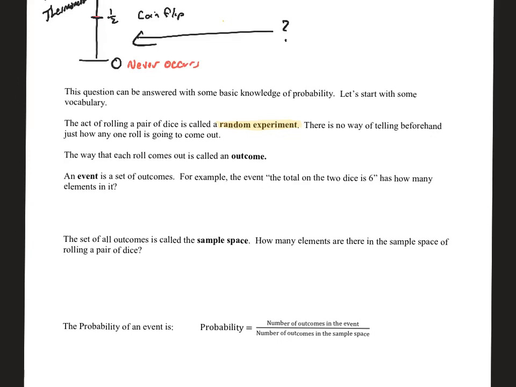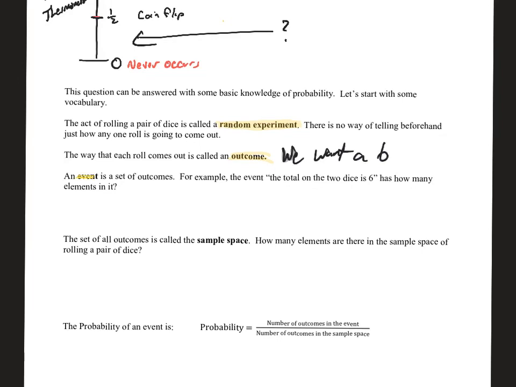The way that each roll comes out is called an outcome. In our case, our outcome, we want a 6. And an event is a set of outcomes.